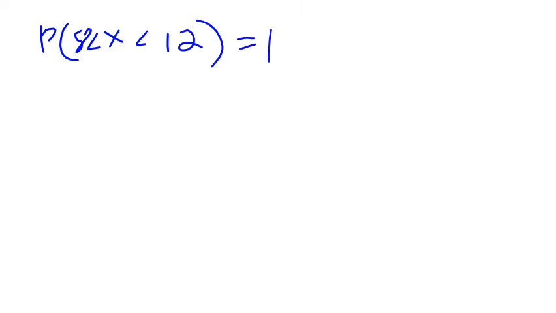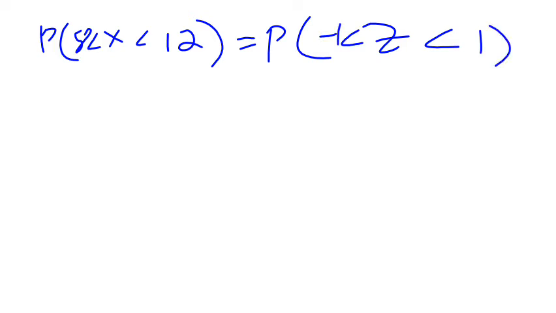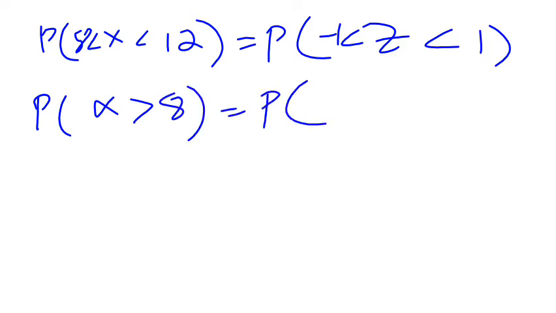So corresponding to the probability that x is less than 12 and greater than 8, our z unit is less than 1 and greater than minus 1. Similarly, if x is greater than 8, correspondingly its z unit will become greater than minus 1.